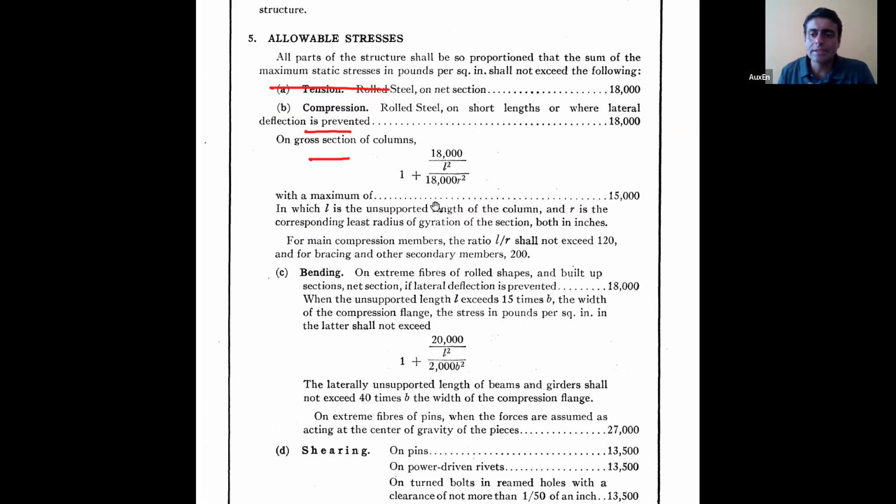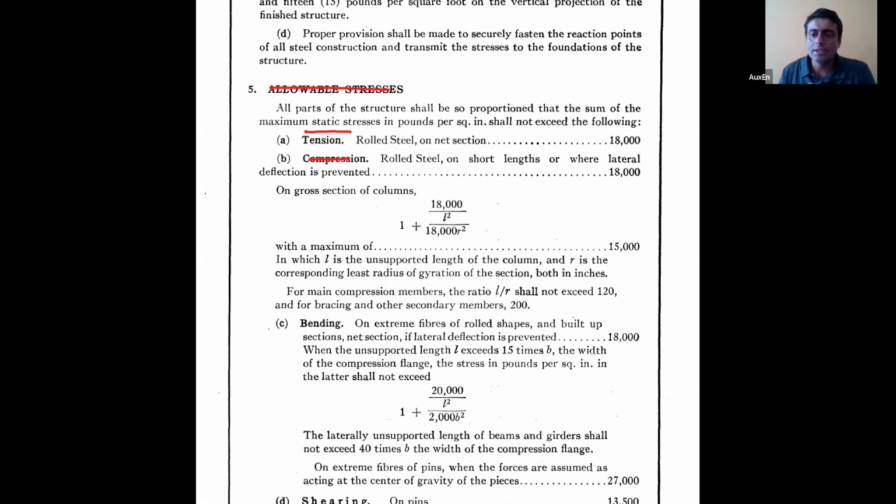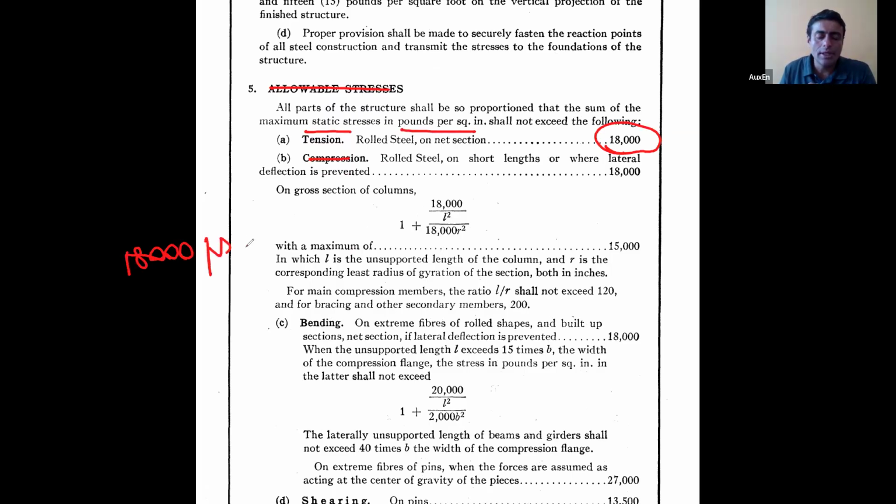Mr. Vineet is asking, are these stresses conservative? Yeah, so if you see for tension, for example, they are allowing 18,000 psi, pounds per square inch. 18,000 psi means 18 ksi, and as I was telling you, the material strength back then was around 33 ksi.